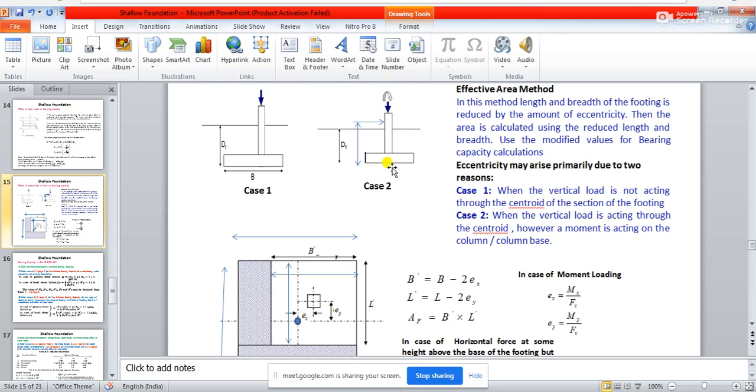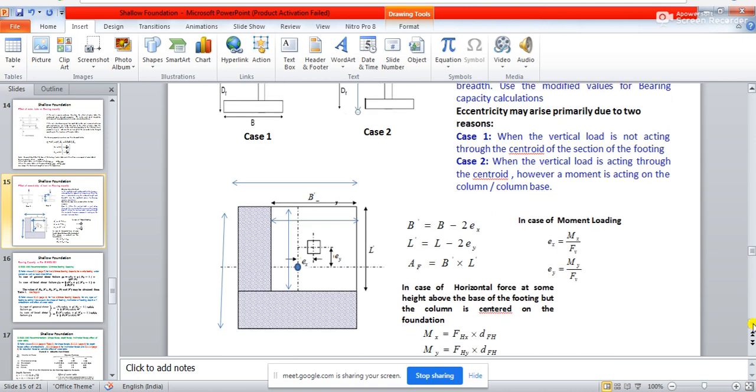When the load acts in the x direction, it creates a moment in one direction; when the load comes from the y direction, it creates a moment in the other direction. So how will the moment be calculated? Moment is calculated using this load multiplied by this distance. The distance is nothing but the horizontal load, wherever it is acting, multiplied by the distance from the load to the base of the footing. And this is what I have shown here.